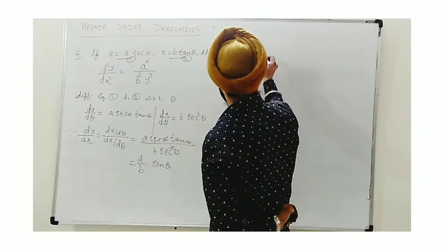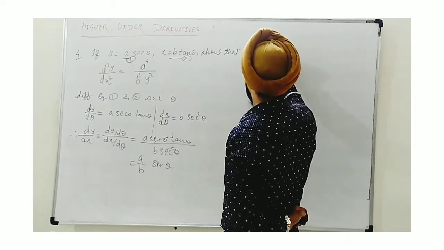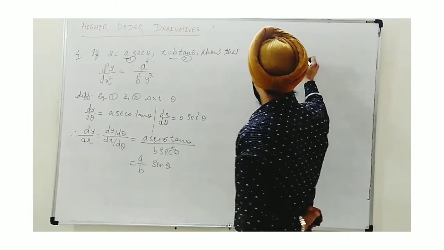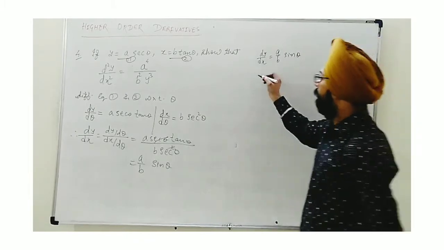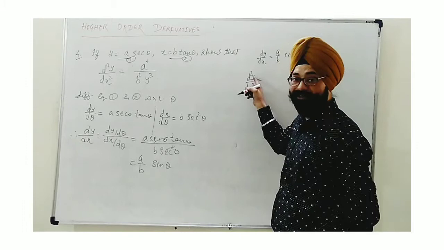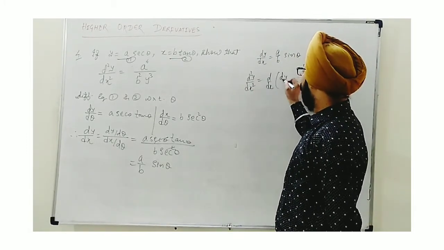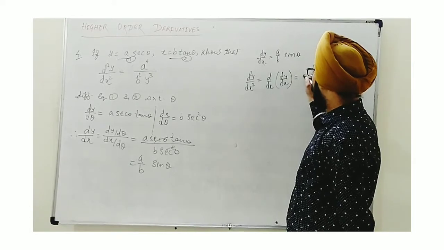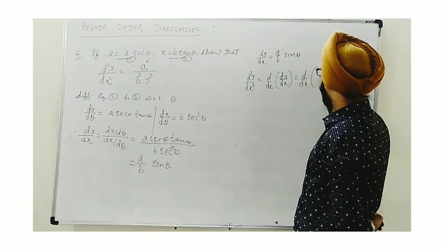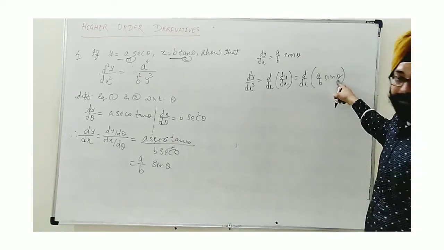As we see, the value of dy by dx we have obtained is in terms of parameter theta. So if I find d square y by dx square, by the rules, d square y by dx square means d by dx of dy by dx. The value of dy by dx, if I put, I find this is in terms of theta.